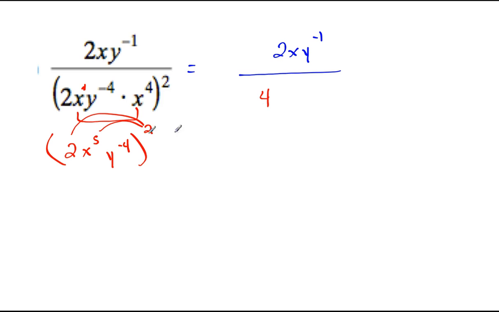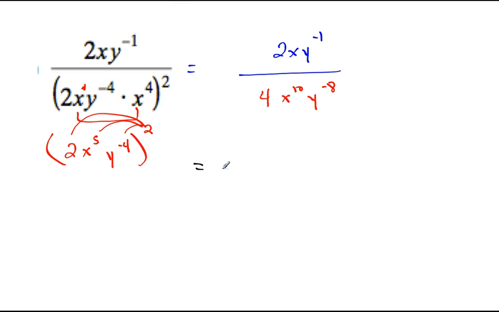X to the 5th squared, x to the 10th. Y to the negative 4th squared, y to the negative 8. So I first cleaned up my denominator, simplified these 4 terms down to 3 terms, and then squared. Okay. And from here, now I can say, let me simplify this.